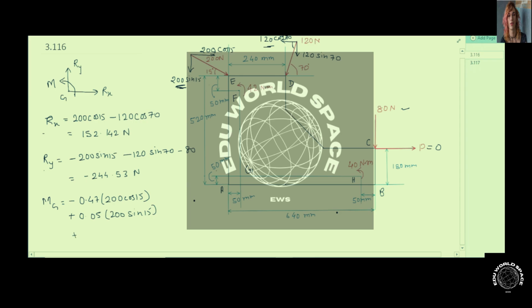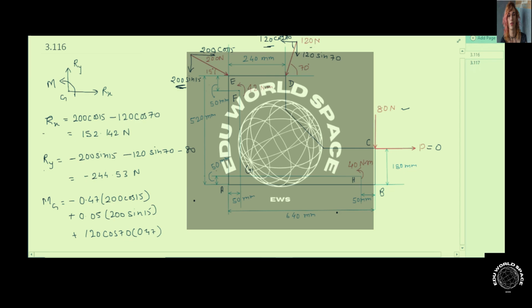Plus, now taking the moment due to the horizontal component of the 120 Newton force, 120 cos 70. This will cause a counterclockwise couple, so I'm using the plus sign here, and the perpendicular distance between them will again be 0.47.